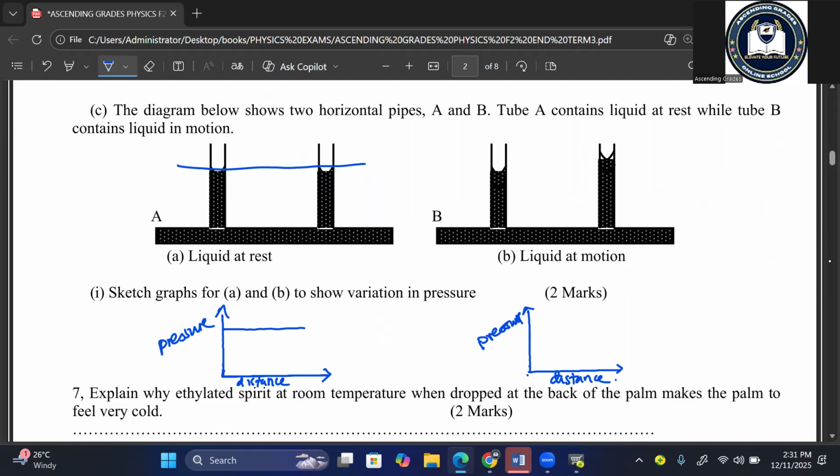But when you look at the one in B, the pressure will be reducing with distance. So how are we supposed to ask ourselves in which direction the fluid was moving?